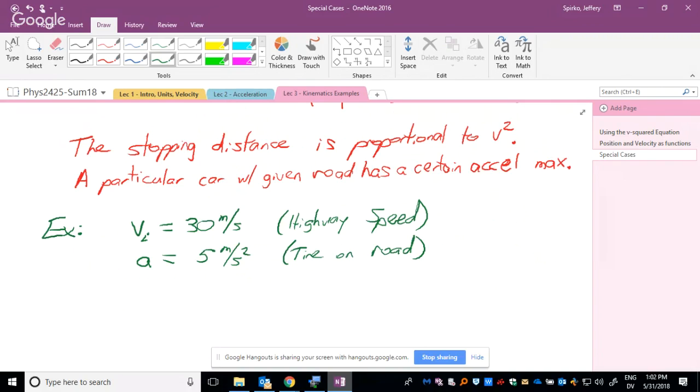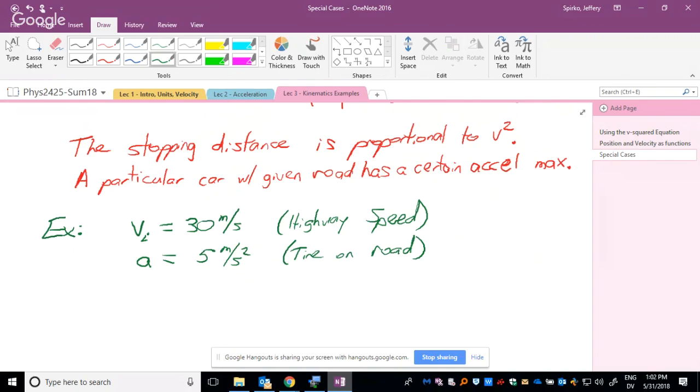If the road is wet and hydroplaning is a problem, or I don't know if you've noticed, but when it rains, after it hasn't rained for a long time, the rain tends to float all the oil and grime off of the road and it gets super slippery. That might give you an acceleration as low as like 1 or 1/2 of a meter per second squared.